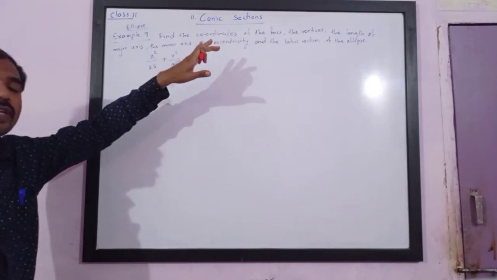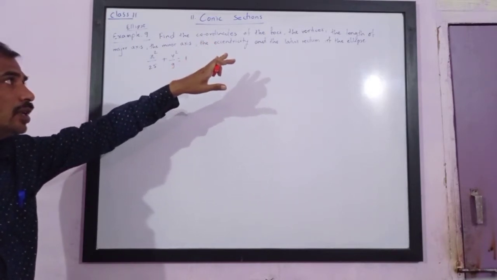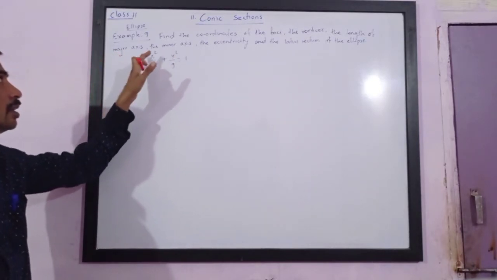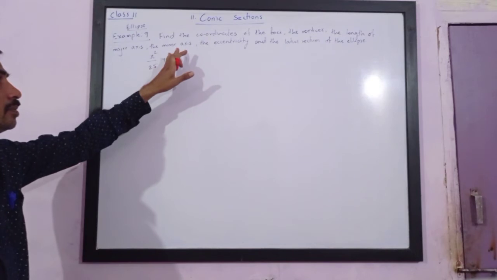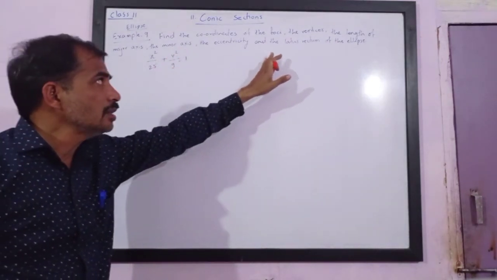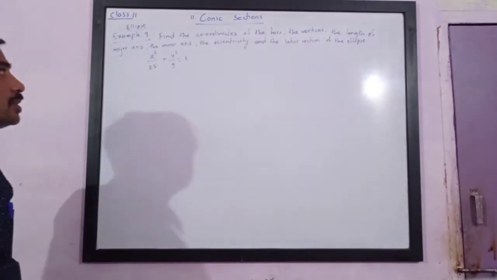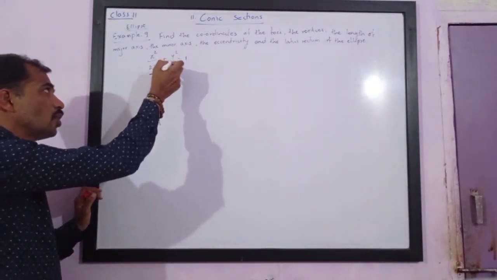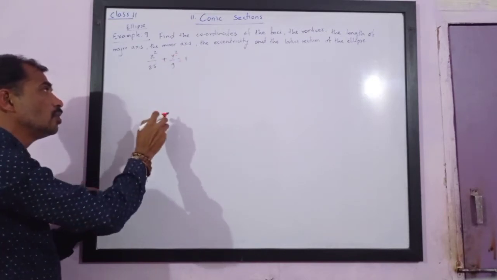So we are asked to find the coordinates of the foci, then the vertices, the length of the major axis, the minor axis, the eccentricity, and the latus rectum of the ellipse. Now watch carefully. The question asked is x square upon 25 plus y square upon 9 is equal to 1.